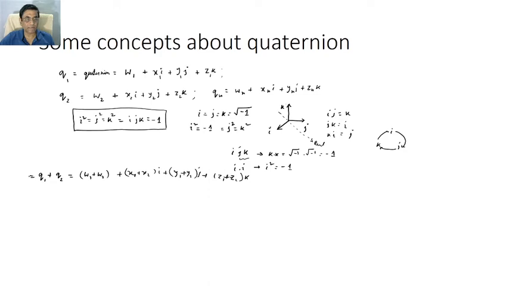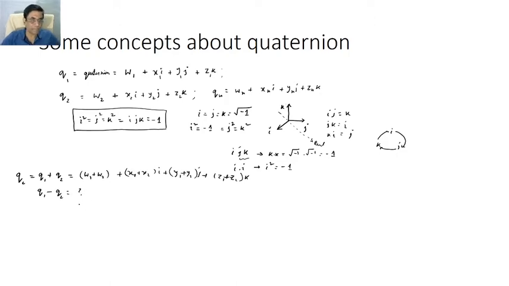This will be another composite quaternion of this nature. So simply you need to add the components. Similarly, subtraction, Q1 minus Q2, you can also do.